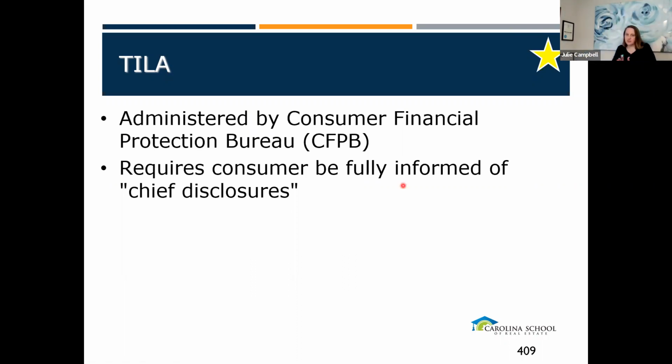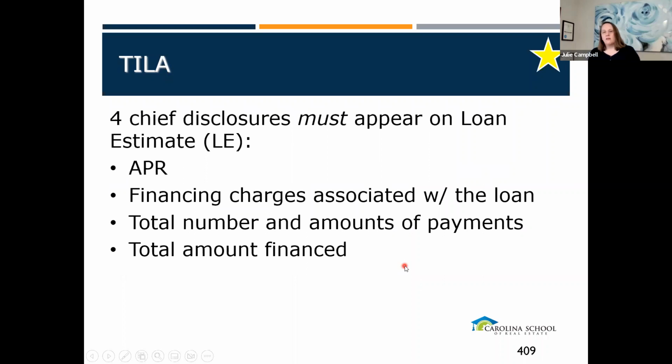So one thing that TILA does to protect the consumers is they get involved with how the lender can advertise their product, how the lender can advertise their loan. And TILA requires that the lenders fully disclose these chief disclosures. There's 4 chief disclosures that have to appear on the loan estimate.